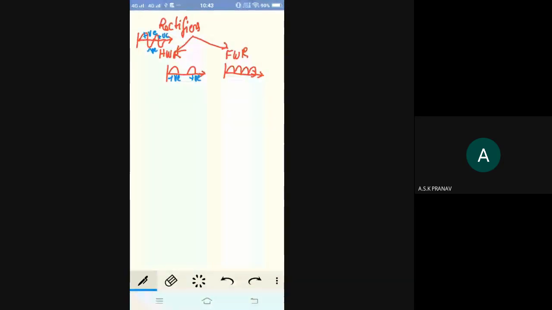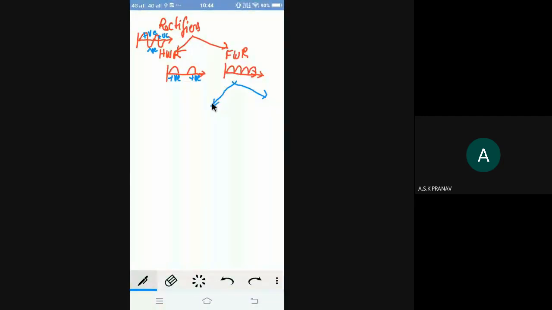A half wave rectifier converts only the positive half cycles of an input signal into pulsating DC, whereas a full wave rectifier converts both positive half cycles as well as negative half cycles into pulsating DC. And this is the main difference. Again, full wave rectifiers are classified into two types.